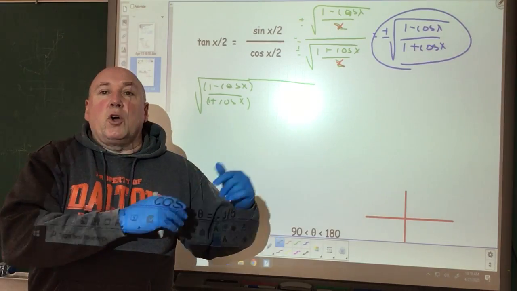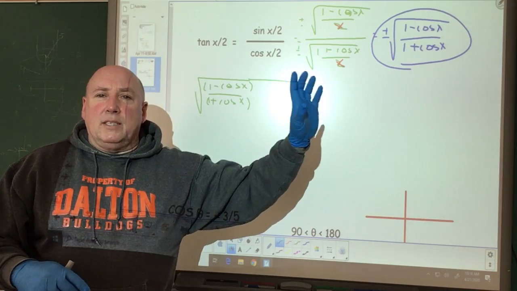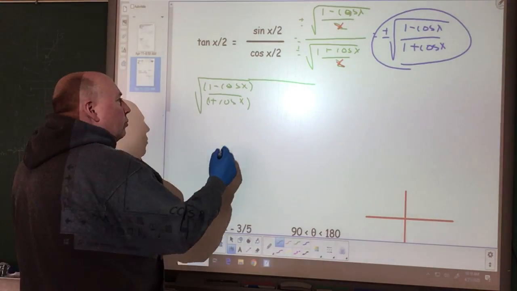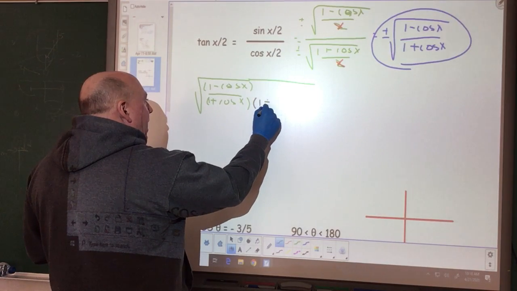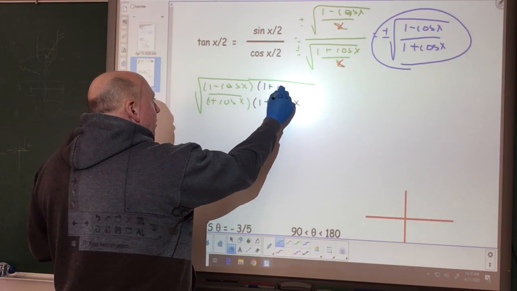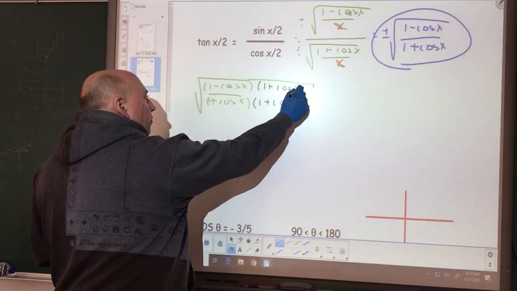We get what is called an equivalent fraction. It's the same amount, but it looks a lot different. Well, what we're going to do is multiply both top and bottom by 1 plus cosine of x.